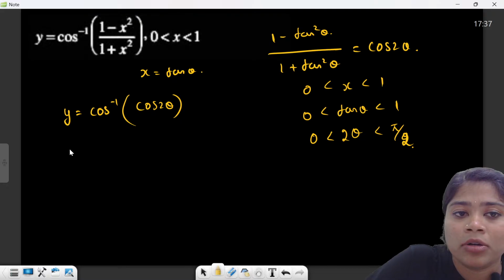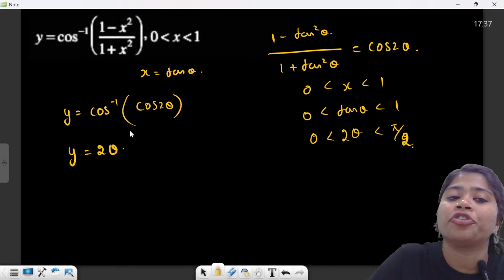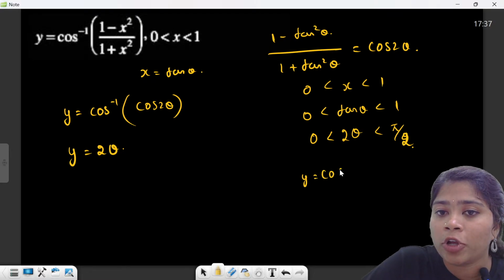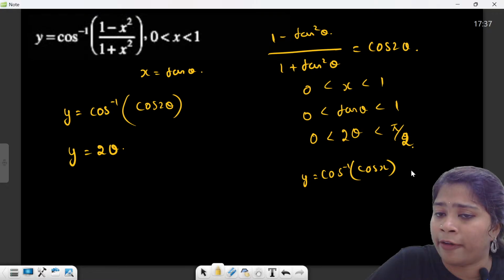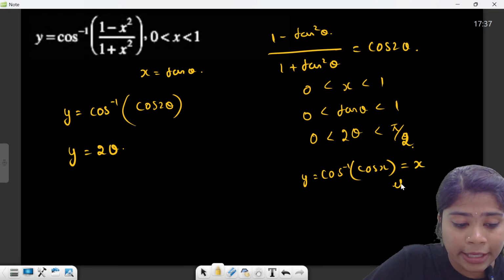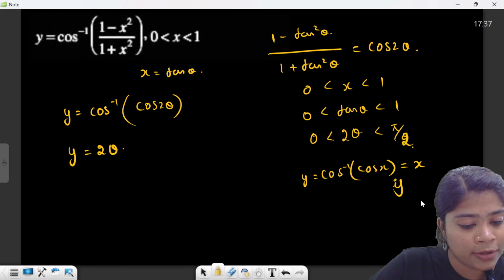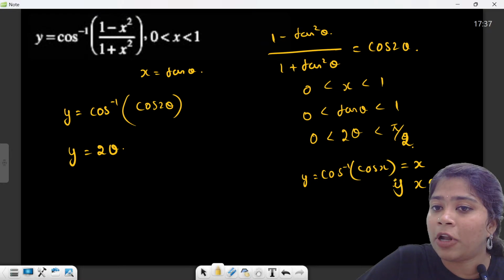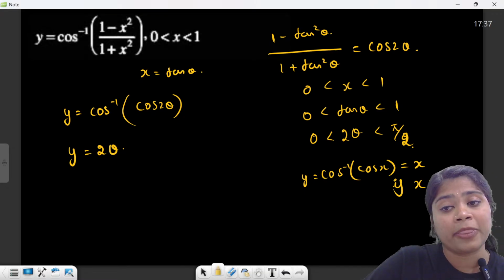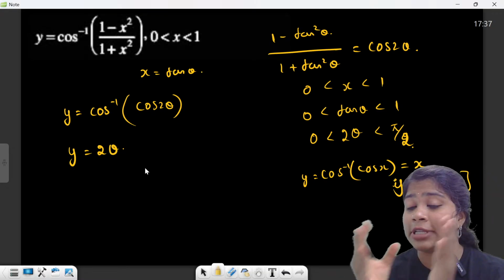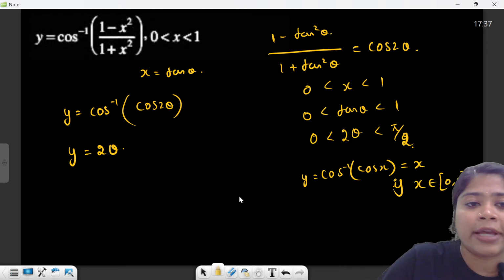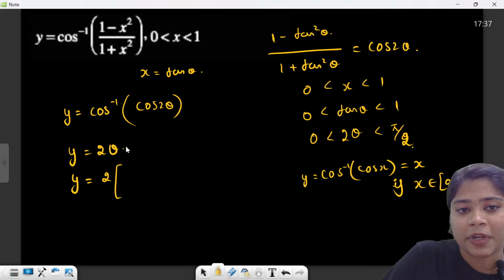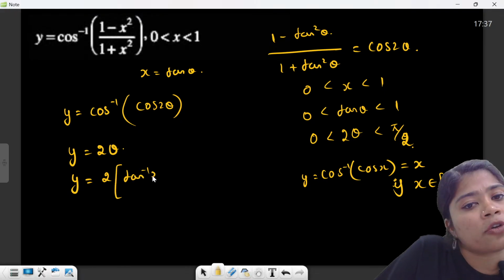So I can write y is equal to 2 theta for sure, because cos inverse of cos x gives x if x belongs to 0 comma pi, and this 2 theta belongs to this interval. So y is equal to 2 into theta, and theta is tan inverse of x.